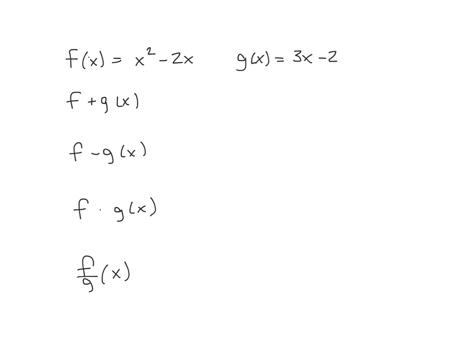A couple more examples. So we're adding, we've got x squared minus 2x. We're adding to it 3x minus 2. Combine like terms, I'd have x squared plus x minus 2.